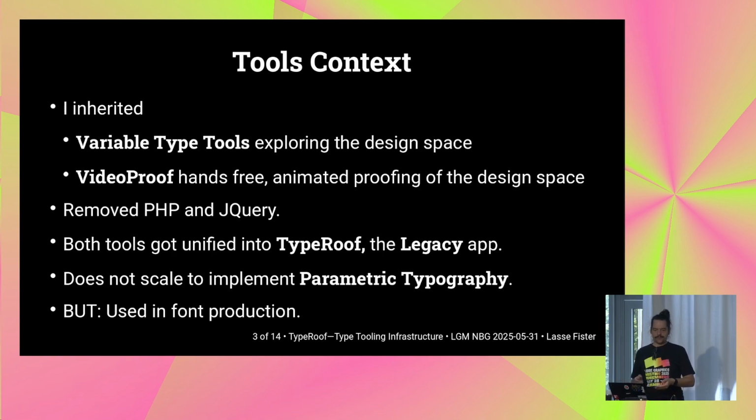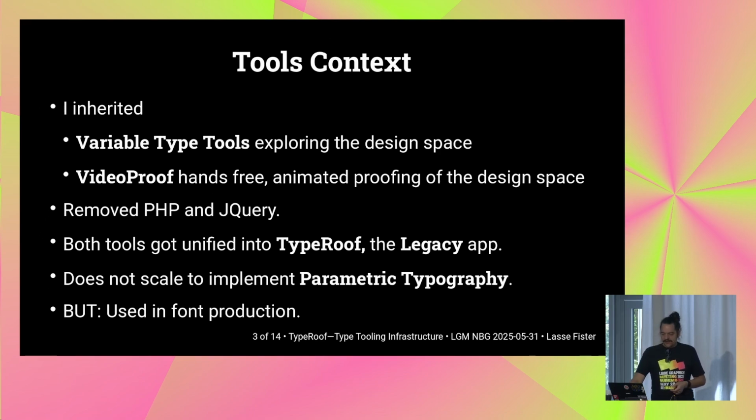So the designer or the person proofing the font can just look at it with the eyes and not use the hands, which is very convenient. I inherited these tools. I removed the PHP and jQuery dependencies, so it's now basically vanilla JS, or the JS that I wrote at least. There are very specialized external dependencies like HarfBuzz, but there's no JavaScript framework involved, other than my own framework, of course.